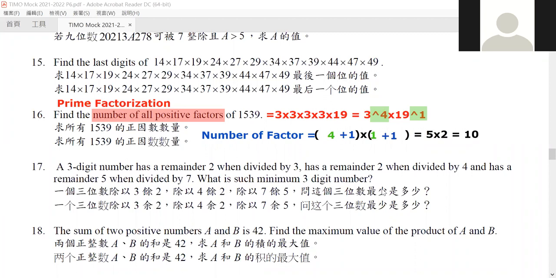Now, of course, another way of doing this is you just list out all the factors. It is not very difficult to list out.